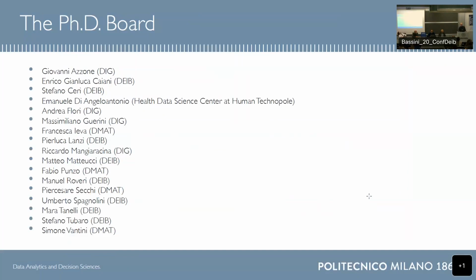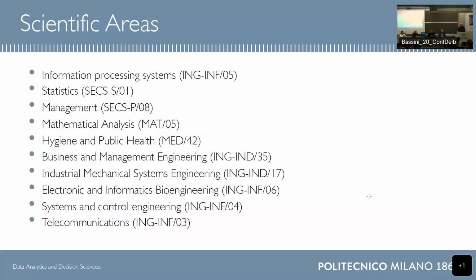It's 16 people: 8 from DEIB, 4 from the mathematical department, 8 from the management school, and 1 from the Health Data Science Center, Emanuele, who is the head of the Center. As I said, our goal is to be interdisciplinary, in the sense that our board comes from all these fields.